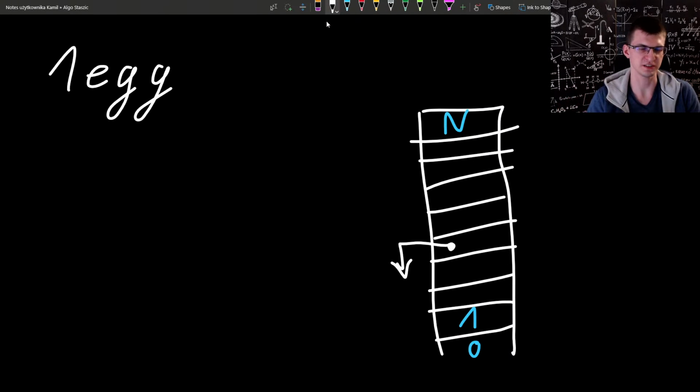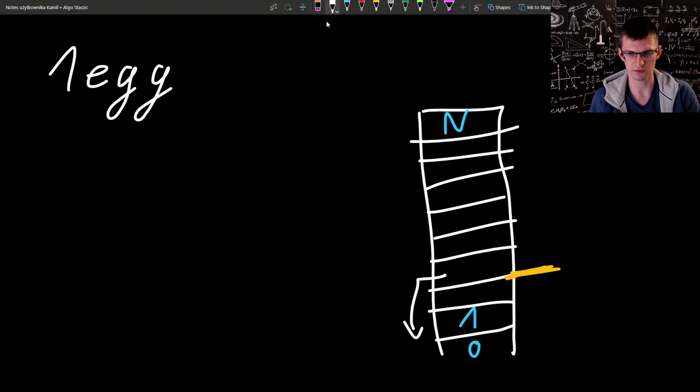There is some boundary: up to this height it doesn't crack, and if you drop from here or above, it does crack. So for one egg, you cannot do anything smart. You just need to try to drop from floor 1. If it doesn't crack, then from floor 2, and so on.